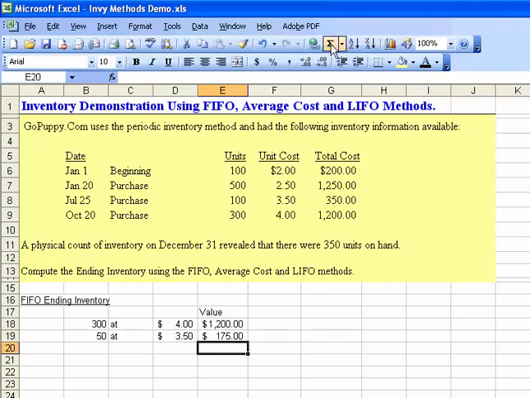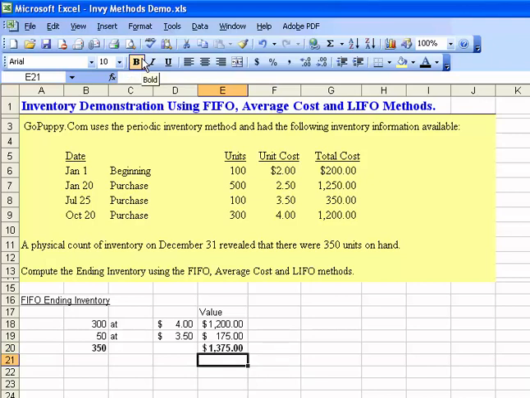If I sum the two layers and also sum here, we've reached our solution. Let me bold that, which is under the FIFO method. We have 350 units, and the total inventory is worth 1,375.